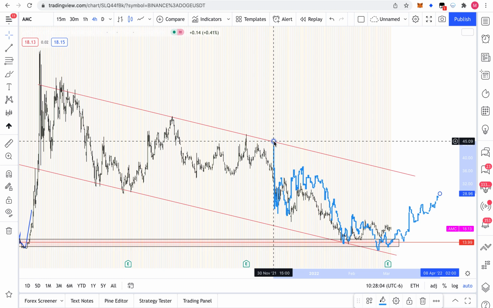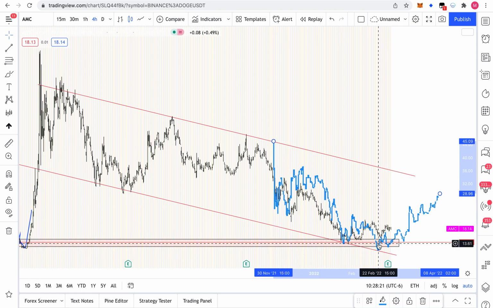I could see people calling AMC a meme stock if it was a penny stock or something like that. But the word meme stock is to get investors away from it, because the more retail investors that are buying into this stock, the worse it is for these hedge funds that are shorting this stock.